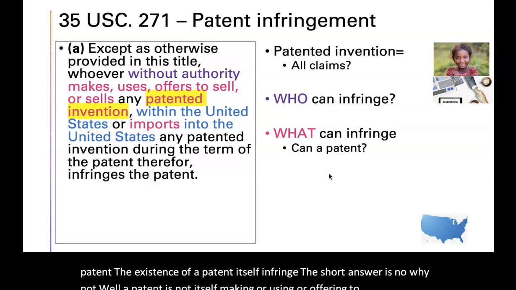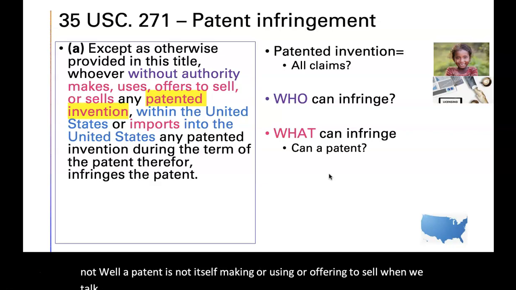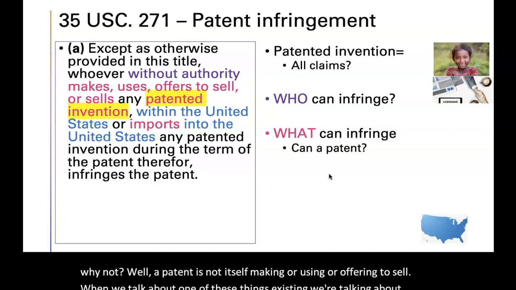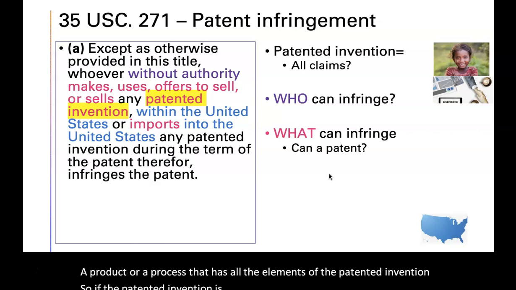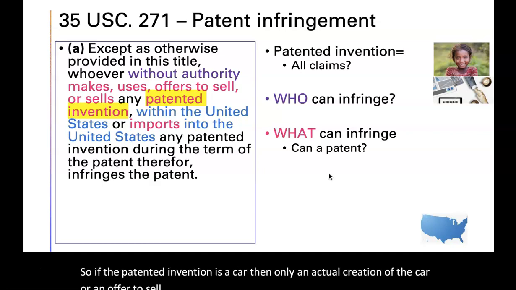When we talk about one of these things existing, we're talking about a product or a process that has all the elements of the patented invention. So if the patented invention is a car, then only an actual creation of the car or an offer to sell the car would infringe, not someone else's patent on a car.